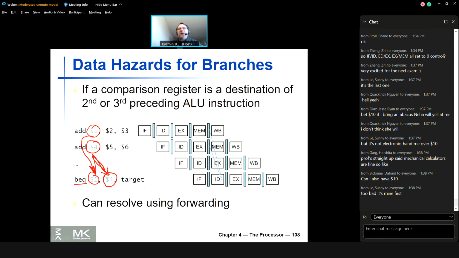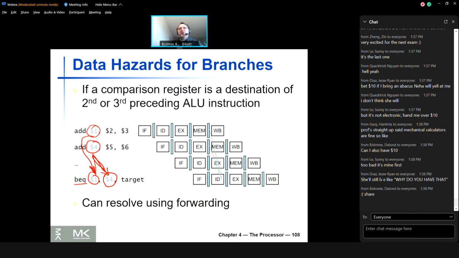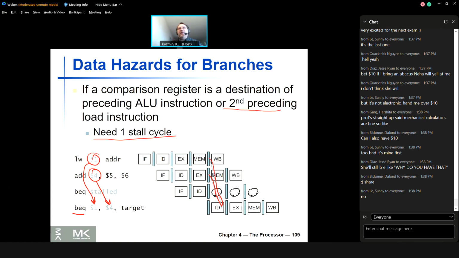So just compare these two examples, right? Here, our instructions that write to those registers were the second and third preceding ALU instructions, and it was fine. We could go around the hazard using forwarding. If either the add is immediately preceding BEQ or LW is the second preceding instruction before BEQ, then we cannot resolve it by forwarding.